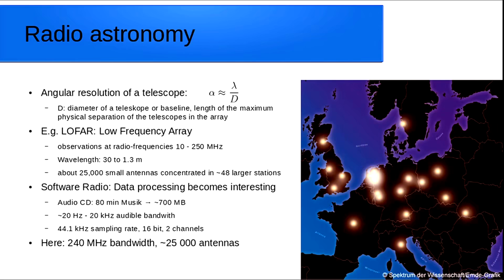As I already told, this software phased array technology is also used in radio astronomy. There it's for receiving signals. And that's also very general. An antenna always behaves the same, no matter if it's used for transmission or reception.